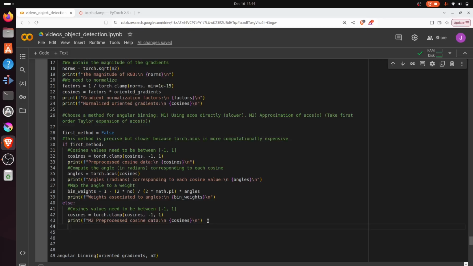Well, instead of evaluating at x equal to 1, we are going to evaluate at x equal to 1 minus epsilon, where epsilon is a very small number. If you apply this approximation, we are looking at a neighborhood very nearby x equal to 1.